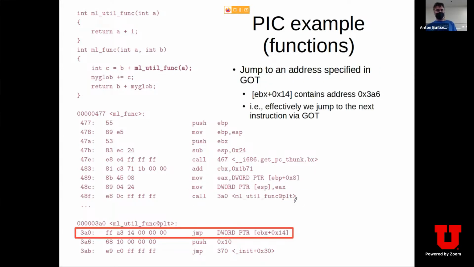So this entry in the PLT, what it says, okay, I will jump to the address specified in the GOT. So right now, EBX plus 14 contains the address of this resolver, right? Which, in this example, is really just a fall through to the next instruction, right?